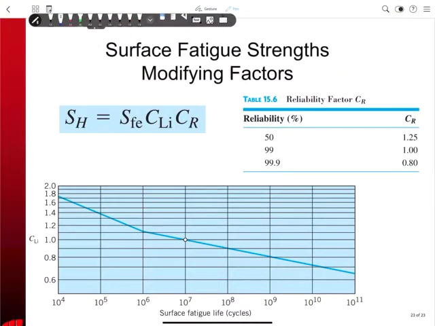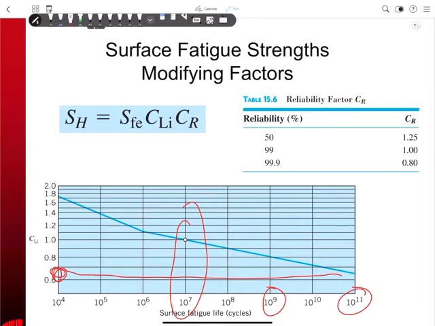So we've got some surface fatigue strength modifying factors, right? We said that this is based on 10 to the 7th. Well, if I want to go 1 billion cycles, or if I want to go 100 billion cycles, which might be the Honda, then I've got to go way over here, and that drastically reduces my surface fatigue strength, right?